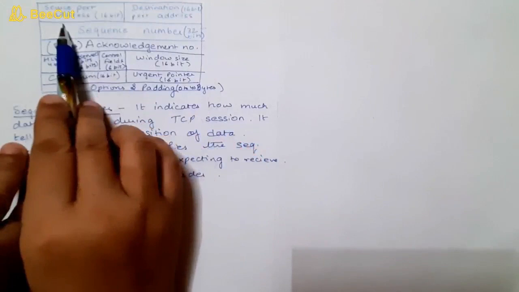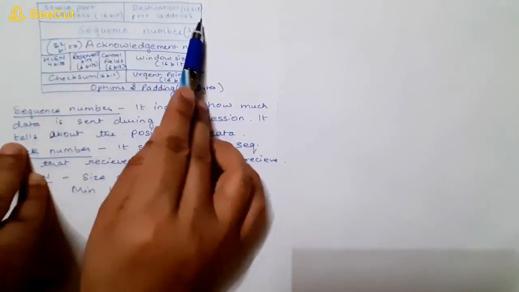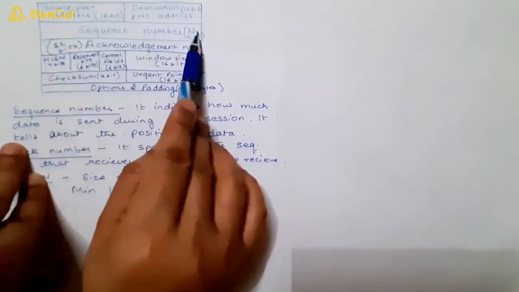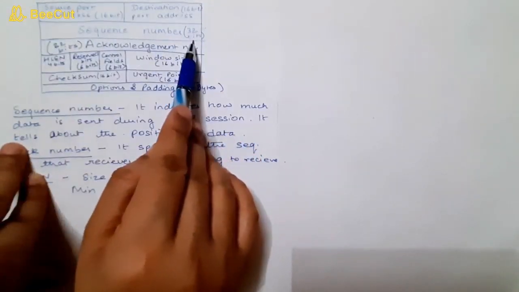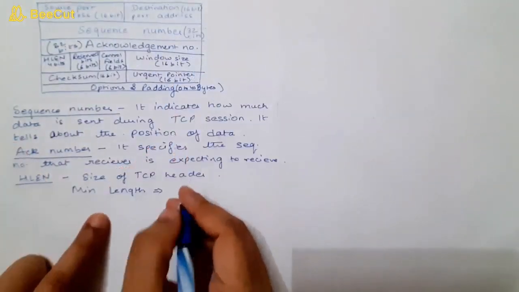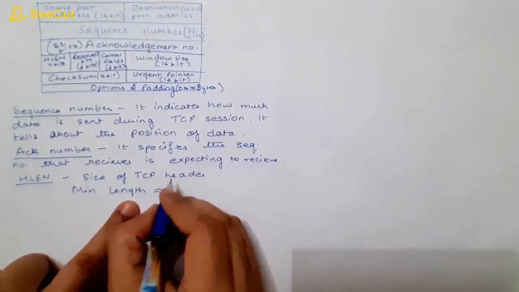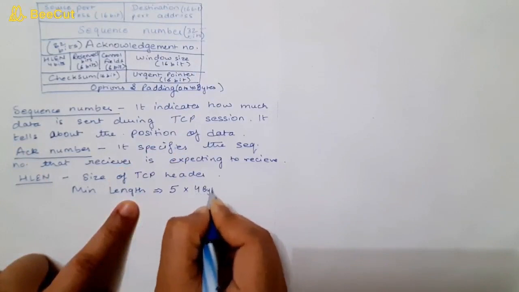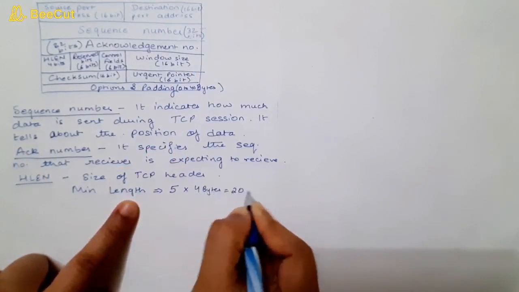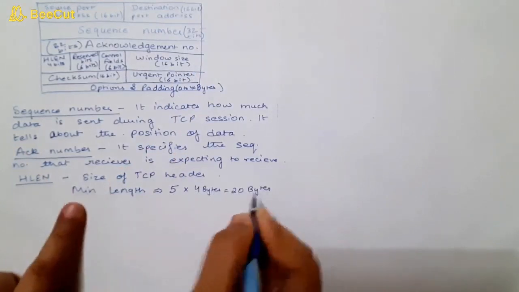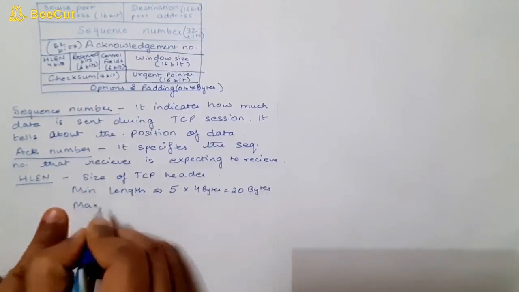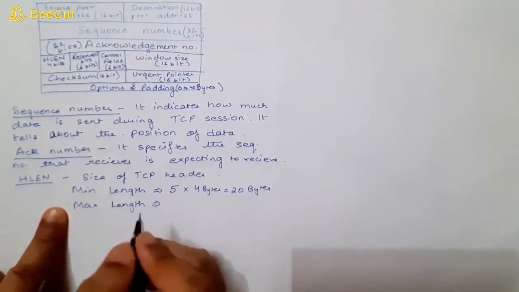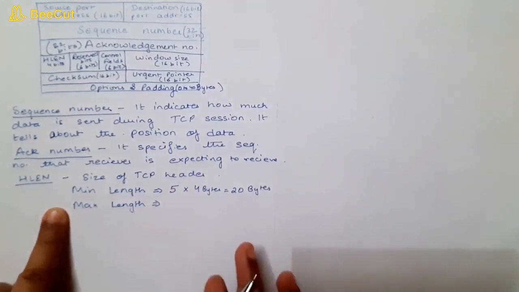A 16-bit source port address and a 16-bit destination port address make a total of 4 bytes, 2 bytes each. The sequence number, again 32-bit, means 4 bytes. So the minimum length will be 5 rows times 4 bytes, a total of 20 bytes. And what will be the maximum length? The first 5 rows are always used.